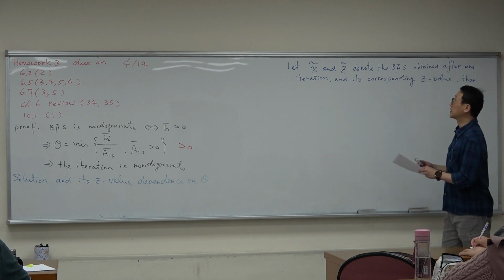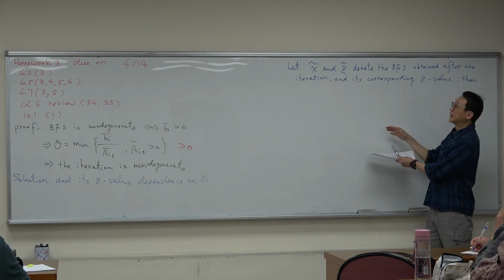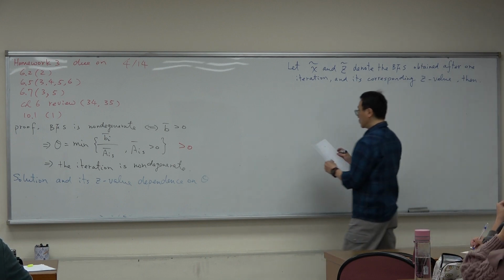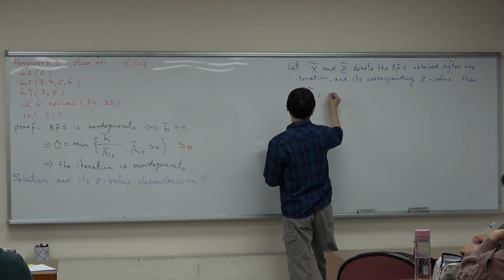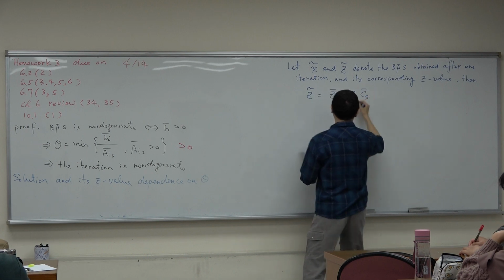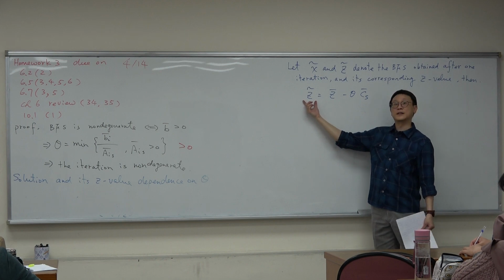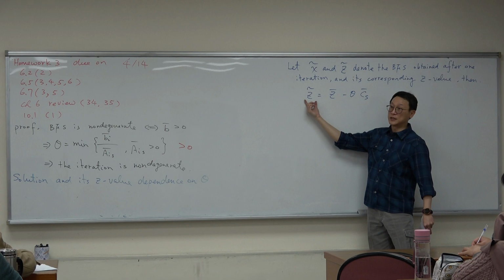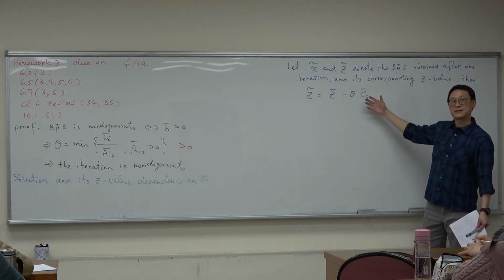So here bar indicates the current iteration, and tilde indicates the next iteration. Previously I wrote z bar new, but here I use z tilde. The rest of things remain the same.